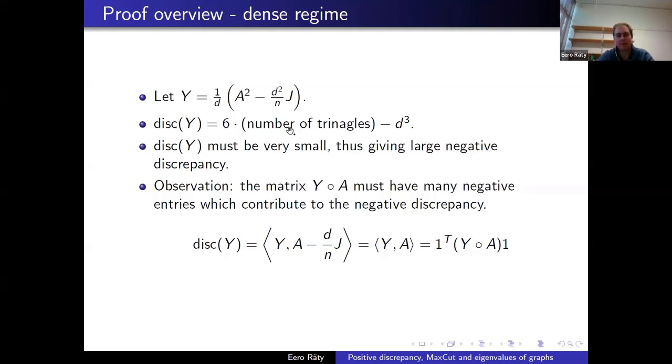But we also know that the sum of the eigenvalues cubed is the number of triangles times 6. So what we get is that this discrepancy of y is basically counting how much we deviate from the expected number of triangles.